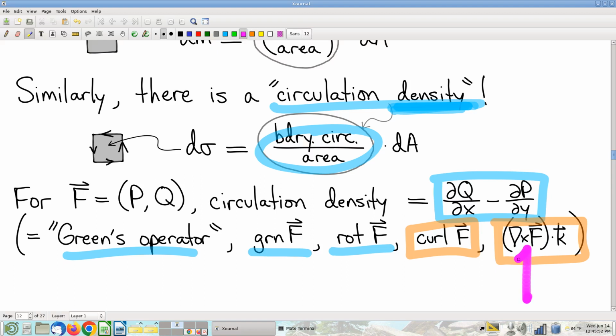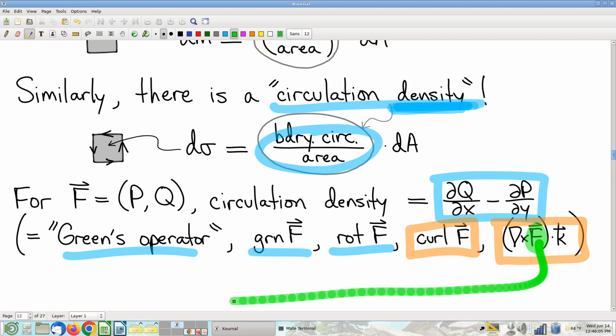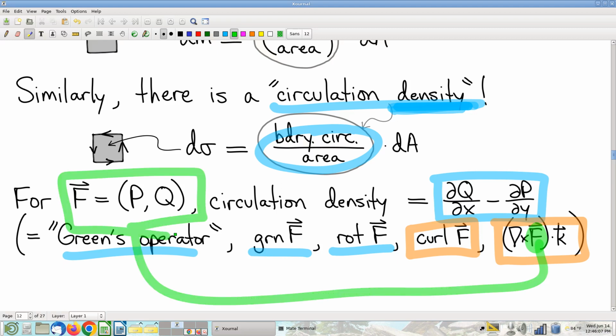You can see there's a cross product in this notation right here. The problem is that in order to make sense of this as a cross product, we need for this vector field to be a three-dimensional vector field. It's not. Right? So I don't much care for it.